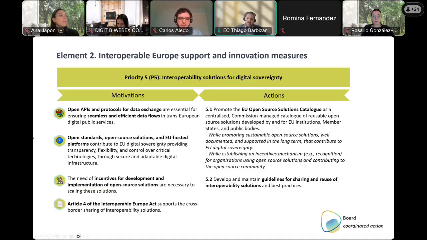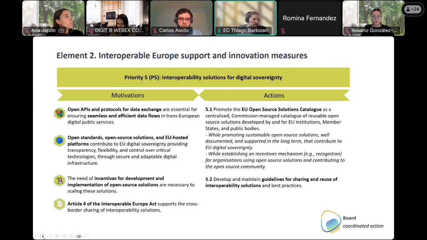So this is already available. It's very well established on the portal, and it's open for everyone, but there are activities linked to having an academic course looking into this catalog, and also disseminating information about the catalog among stakeholders and with the community as well.